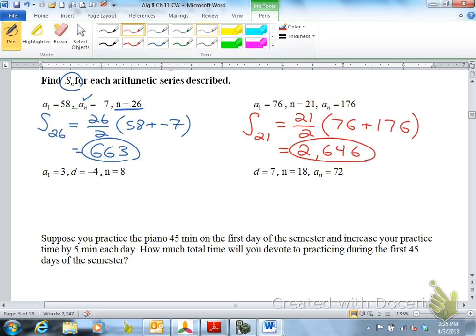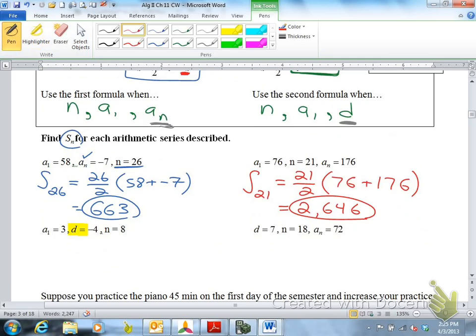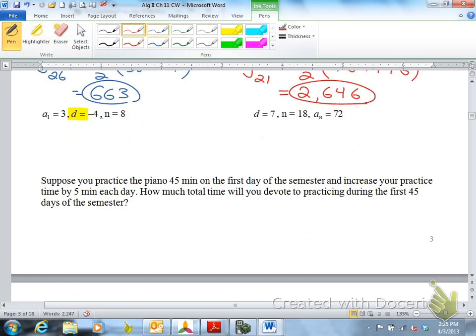The next example, notice that you're given d, and you have n and a sub 1. So in a case like this, you can use the second formula right here. So plugging in the numbers, you would have S sub n, the sum of 8 terms, is 8 over 2.